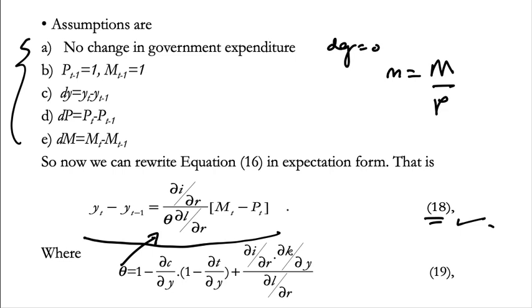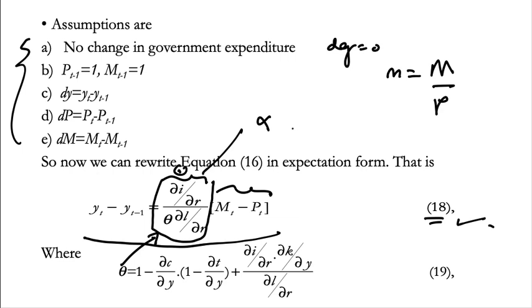Now, we can also write this 18 in another form. How to write this 18 in another form? Before we write 18 in another form, you look on the right-hand side of 18. We have two terms, the first one and the second one. Look at the first one here, this bit. What can we do with this bit is that we can do something like this.